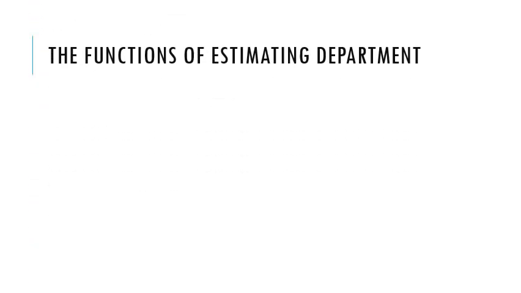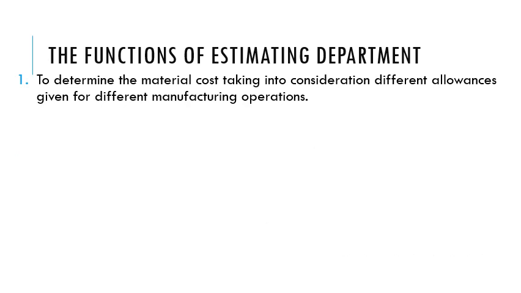What are the functions of estimating department? To determine the material cost, taking into consideration various allowances given for different manufacturing operations, such as parting allowance, then facing allowance, finishing allowance, one more allowance.